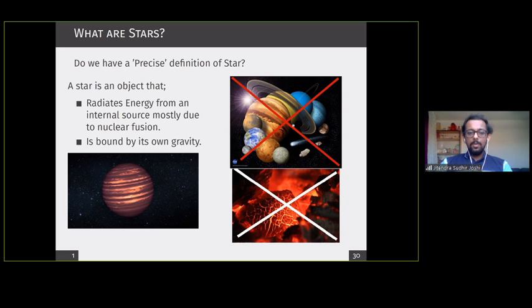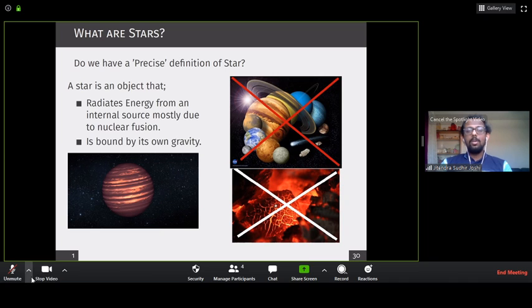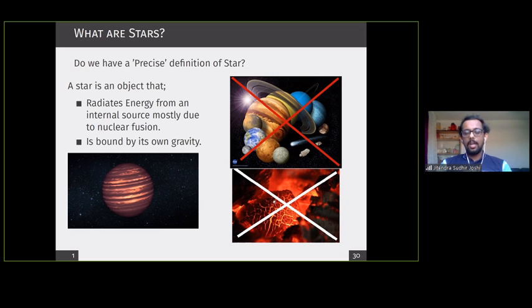But again, if you say that only this is the definition of a star, which radiates energy from an internal source, then obviously when we see coal burning or when you heat an iron rod, it also radiates energy. It glows red hot. So then by that definition, it also becomes a star. So we again say that it is bound by its own gravity. And this we can say is a pretty nice explanation of what a star is.